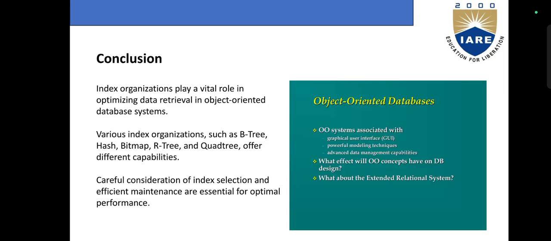Conclusion. Object oriented database: graphical user interface, powerful modeling techniques, advanced data management capabilities. Index organizations play a vital role in optimizing data retrieval in object-oriented database systems. Various index organizations such as B-tree, hash, bitmap, R-tree and quadtree offer different capabilities.